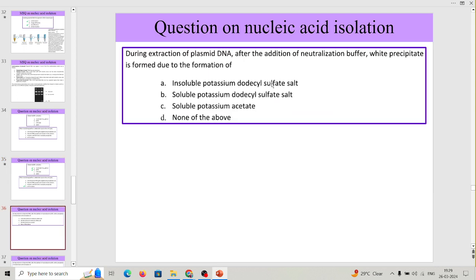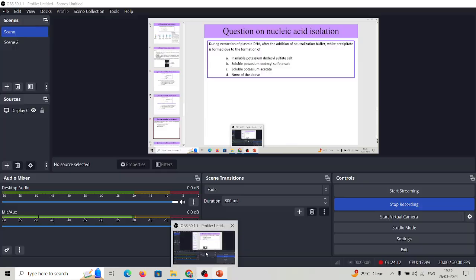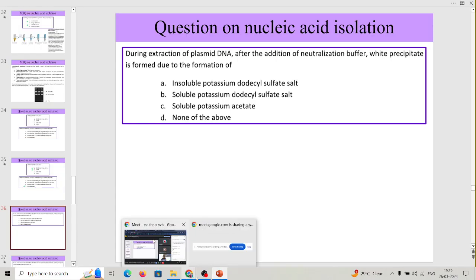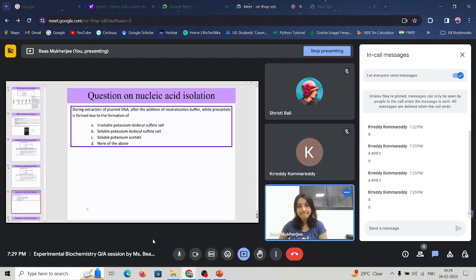Fine. Now during extraction of plasmid DNA, after addition of neutralizing buffer, a white precipitate is formed due to insoluble potassium dodecyl sulfate, soluble potassium acetate.